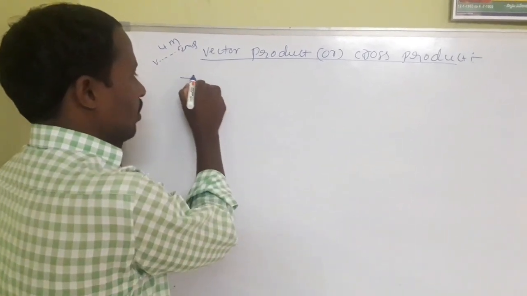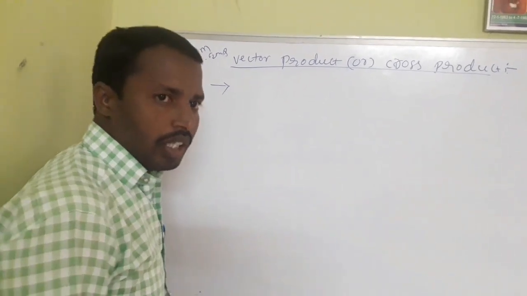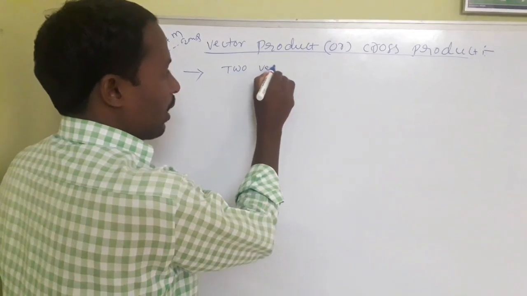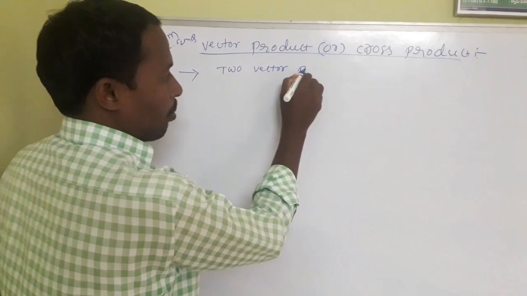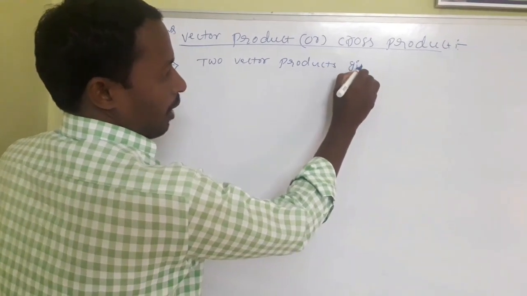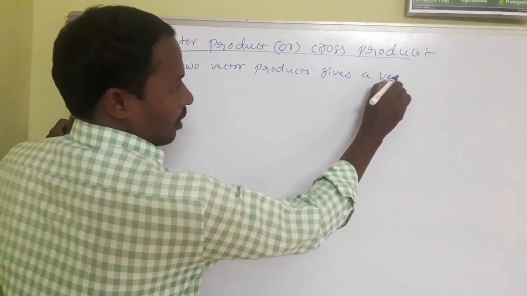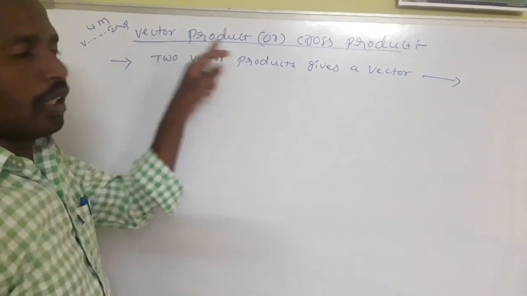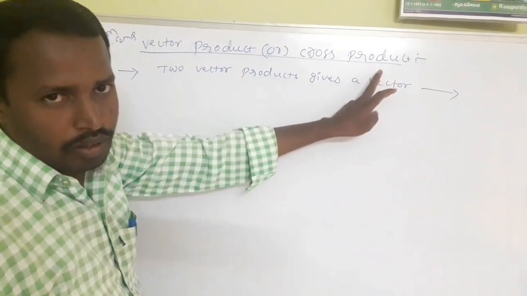Definition. If the product of two vectors gives a vector, it is known as a vector product or cross product.